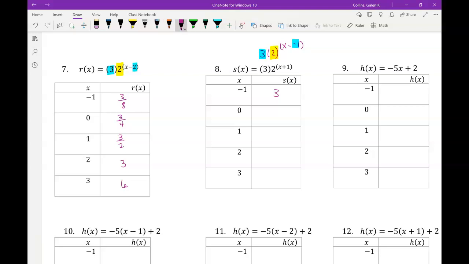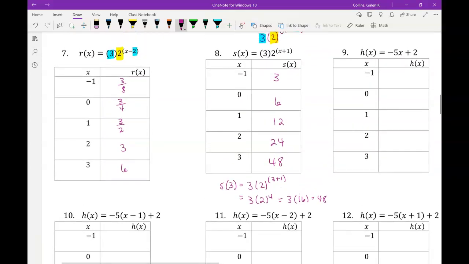So 3 times 2 is 6, times 2 is 12, times 2 is 24, times 2 is 48. And it never hurts to just check one of those values. So if you evaluate s of 3, that is 3 times 2 to the power of 3 plus 1, which is 3 times 2 to the 4th power. And let's see, that is 2, 4, 8, 16, and 3 times 16 is in fact 48.